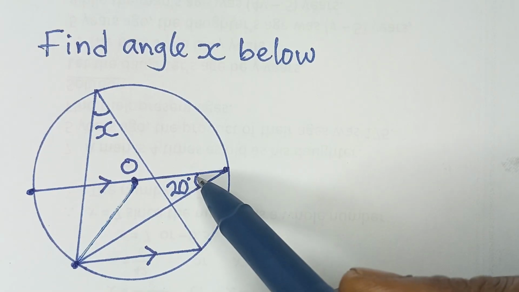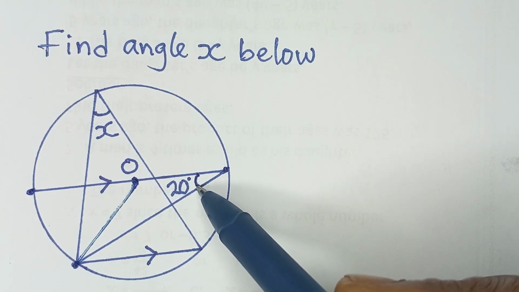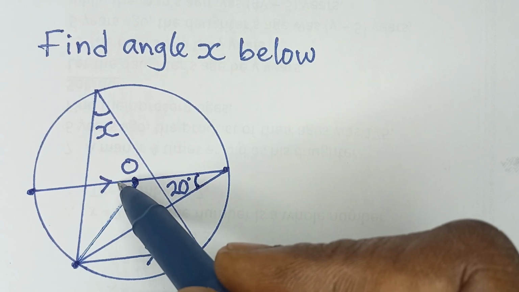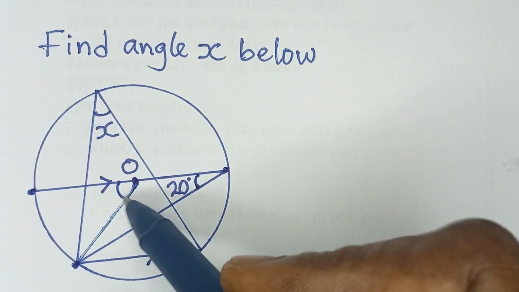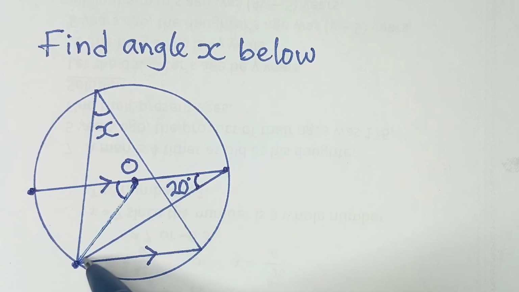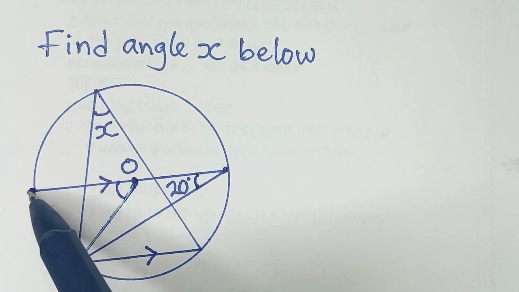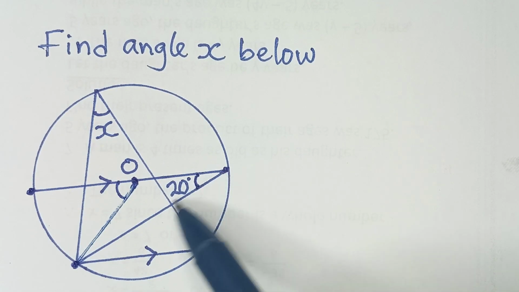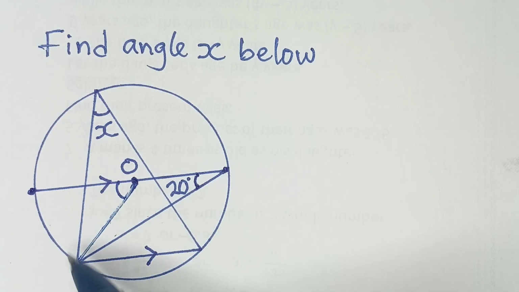So the angle that is made at the circumference here, twice of this angle will give us the angle at the center here. So don't forget, the pair of lines must come from the same point. You can see this one goes to the center of the circle, and the other pair of lines goes to the circumference of the circle, all coming from the same 2 points.